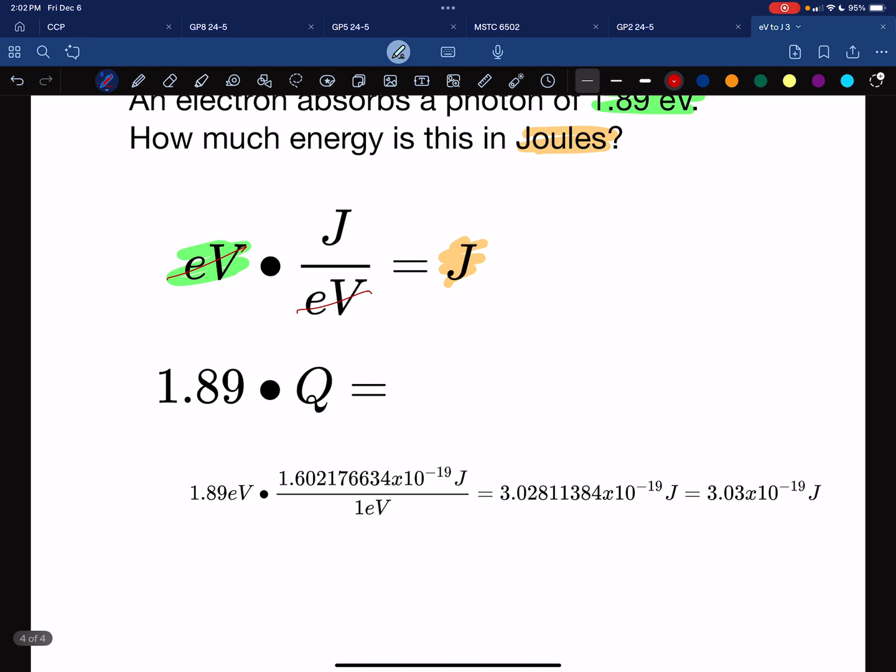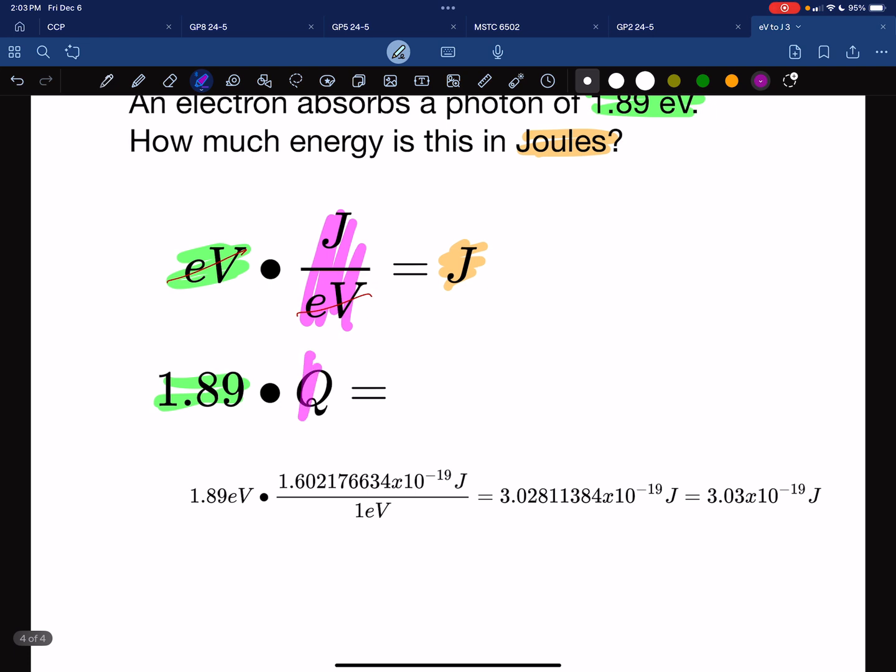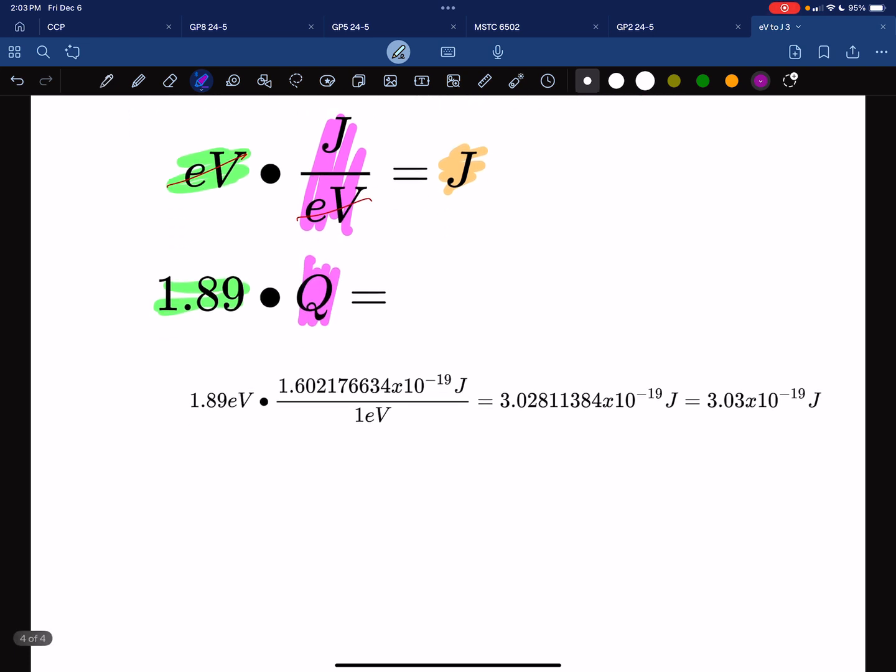So that guides us in the math that we're going to do. Well, we have 1.89 electron volts, and we have our conversion factor Q, which is this joules per eV. That's our conversion factor, this that we stored. So if we were writing this out, we would see the 1.89 eV, we see our conversion factor, and then we end up with an answer in joules.